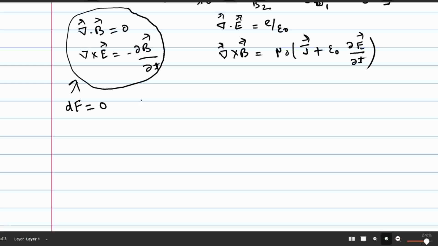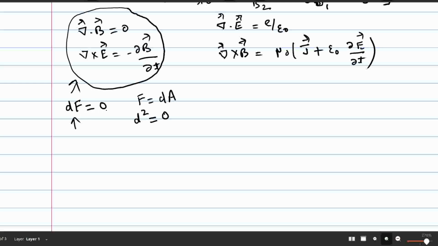Since F is an exact form in the sense that F can be written as differential of A, and since d squared is by default equal to 0, this is a property of exterior derivative, so this is an identity. This is called Bianchi identity for electromagnetism.